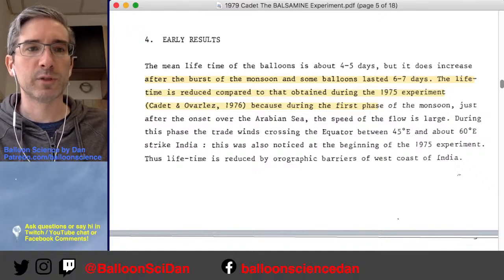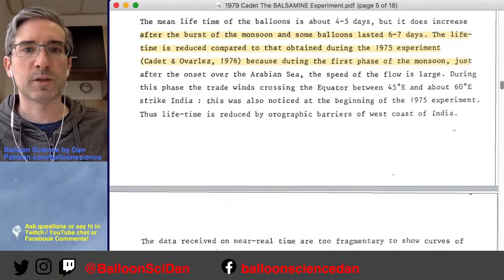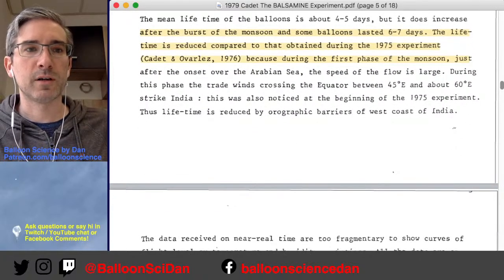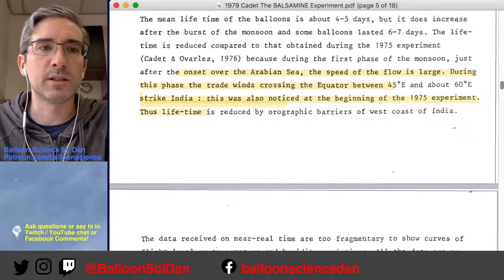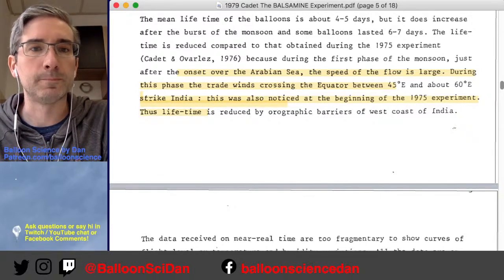The lifetime is reduced compared to that obtained in the 1975 experiment, because during the first phase of the monsoon, just after the onset over the Arabian Sea, the speed of the flow is large. During this phase, the trade winds crossing the equator between 45 degrees east and 60 degrees east strike India.